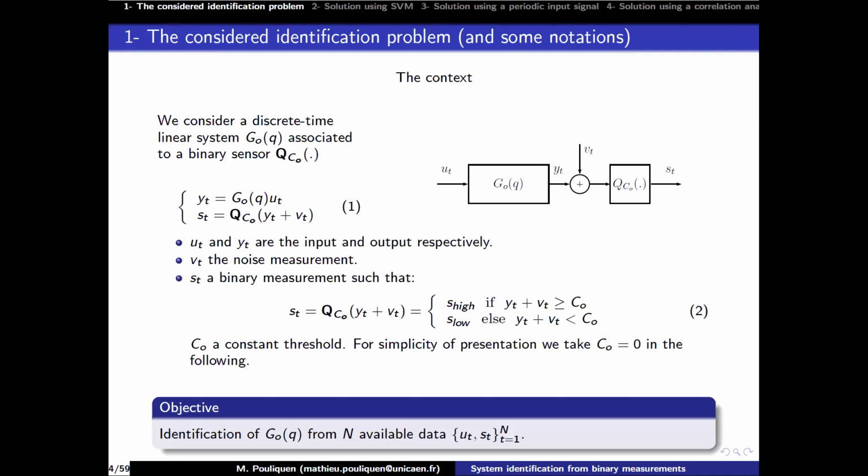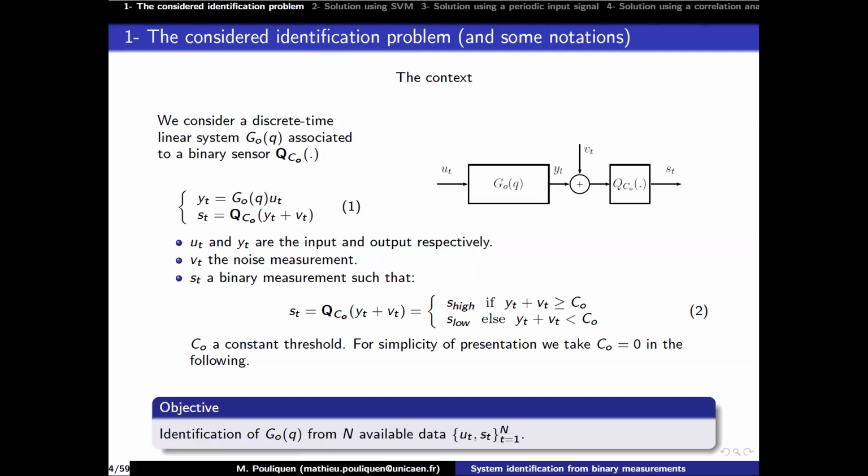The specificity of the problem here is the fact that I can't measure the real output. I only have a binary measurement of the output. On the output of the system we have a binary sensor which depends on a threshold. If the output of the system is superior to the threshold, I have an answer, S high, and if the output is lower than the threshold, I have S low on the binary output.